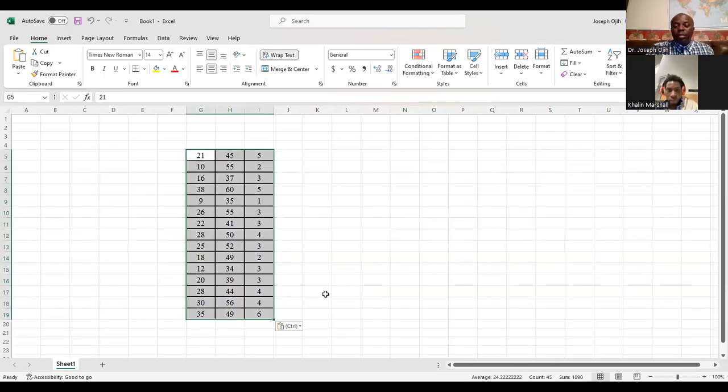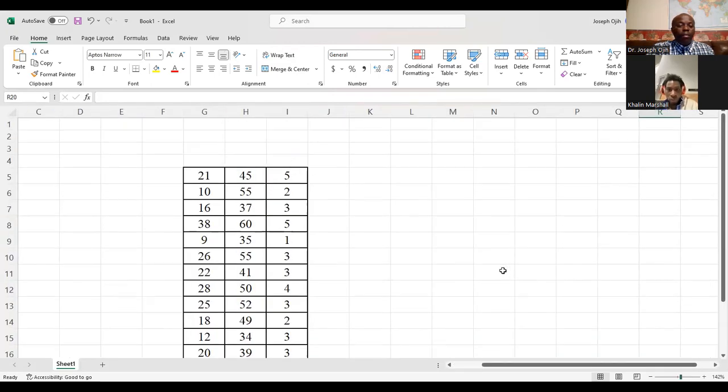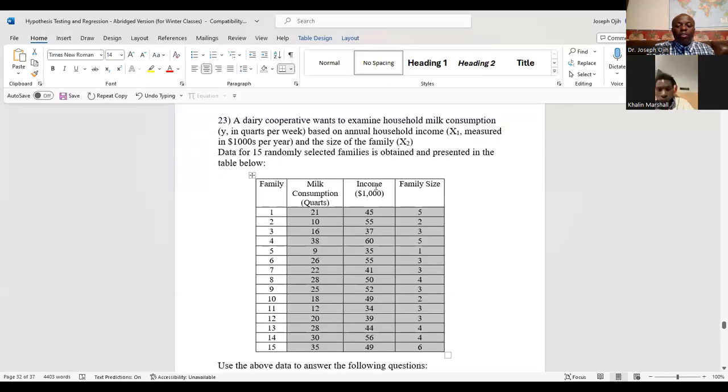Okay, now I'm going to make it a little bit bigger so that you can see it better. Okay, that's better now. I already know from the chart that they gave us that this side is milk consumption, this is the income, and this is the family size.